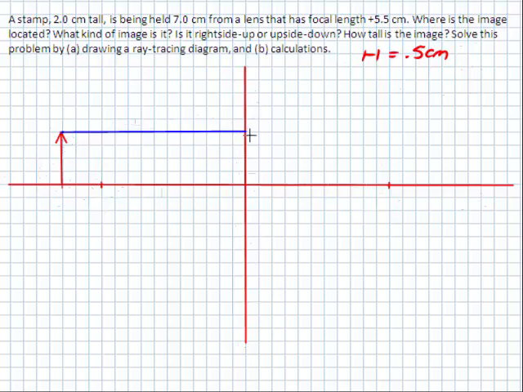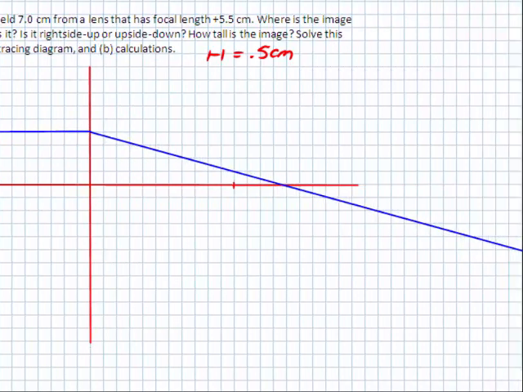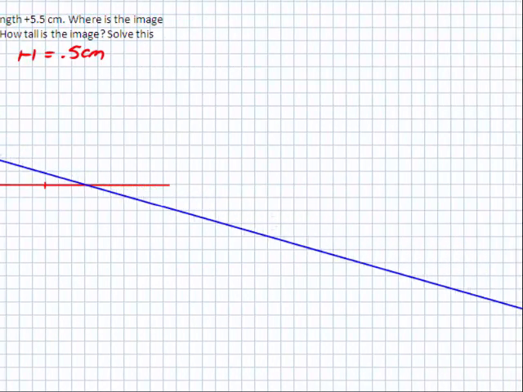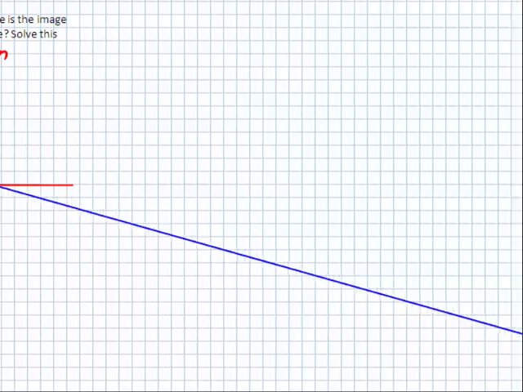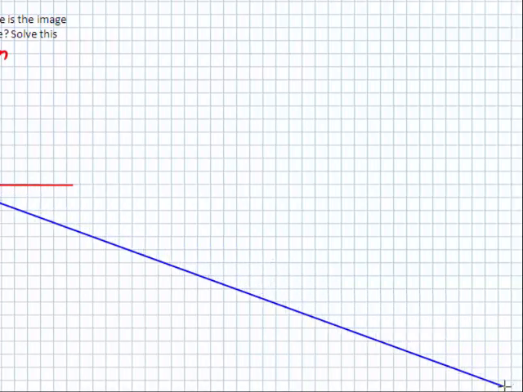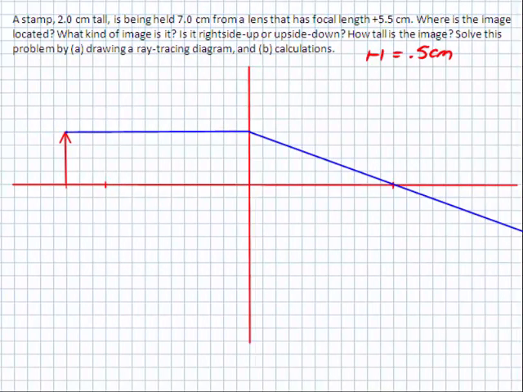There's the parallel part, and here is the focus part. Now I'm going far beyond the edge here because I expect the image to be far to the right, because the object is outside the focal point, but it's pretty close to the focal point.